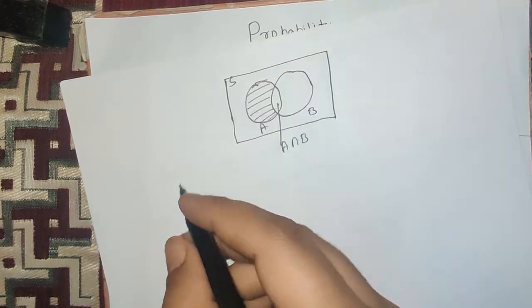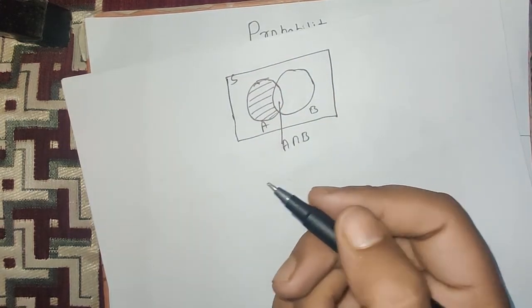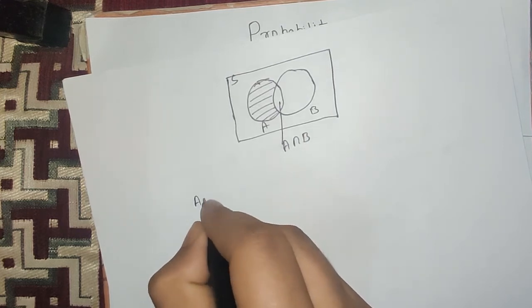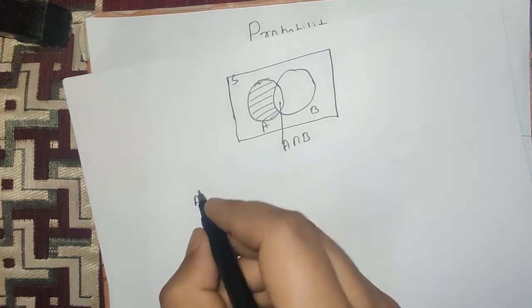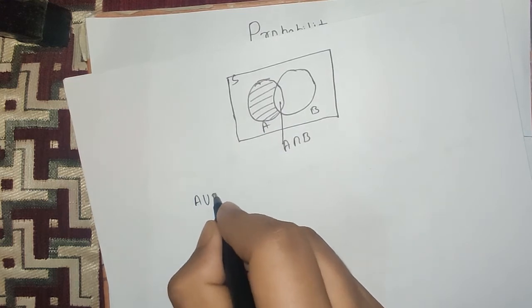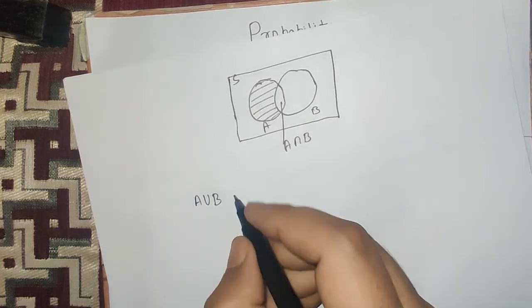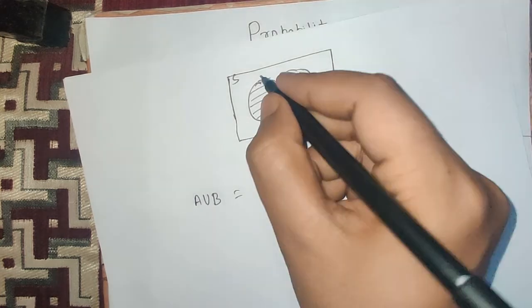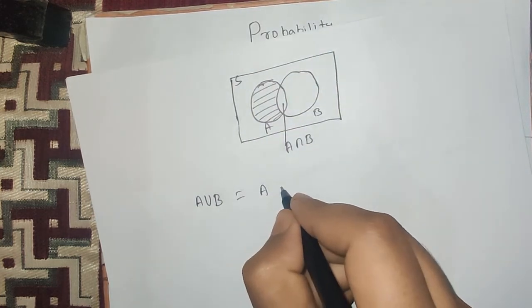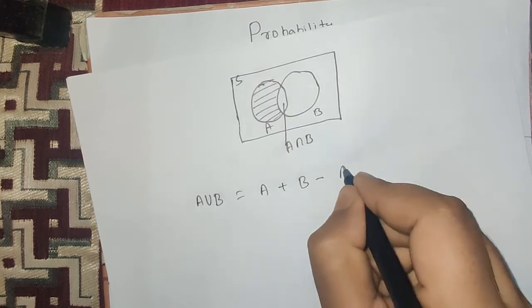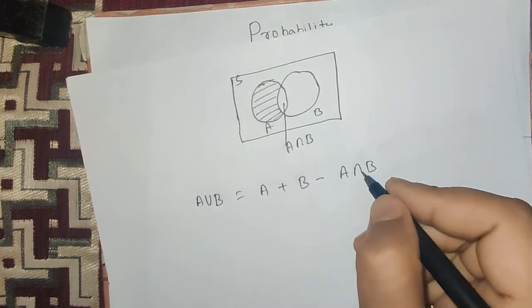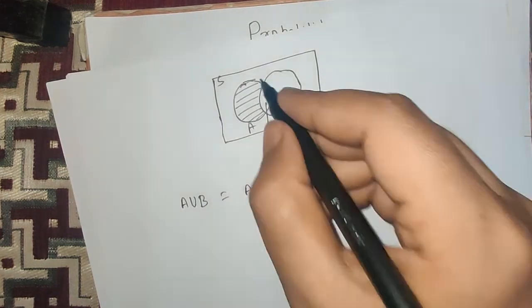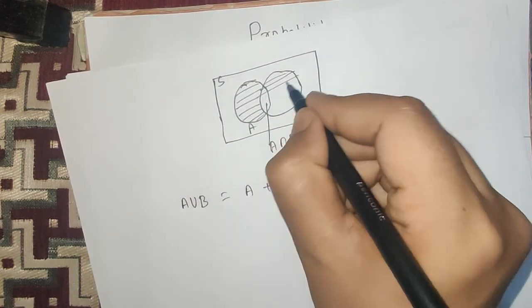There will be some algebraic operations on events. The first one is the relation between intersection and union. The relation between union and intersection is A union B equal to total A plus B minus A intersection B. How does it come? A union B is all the part.